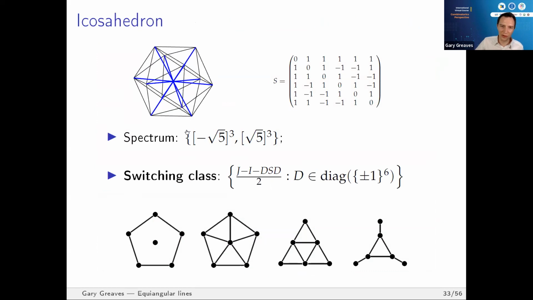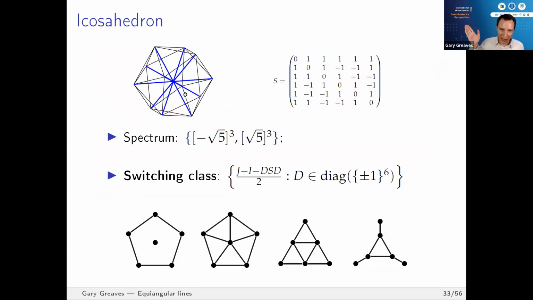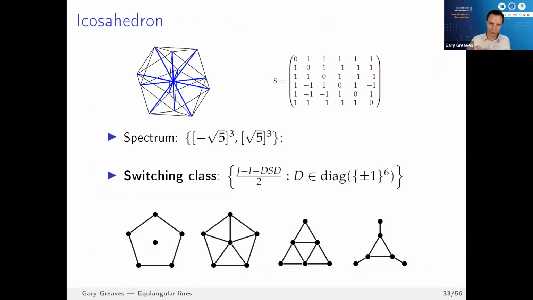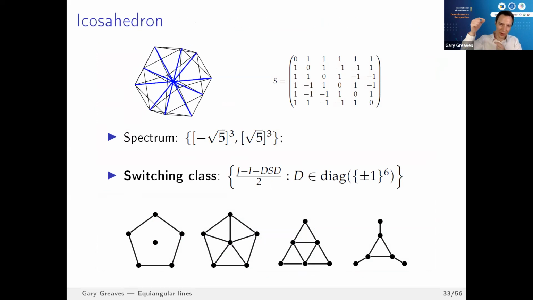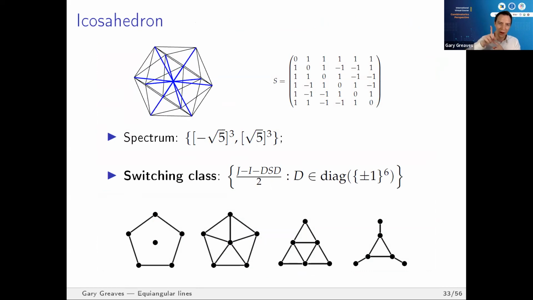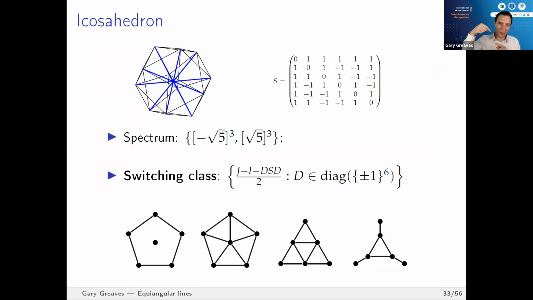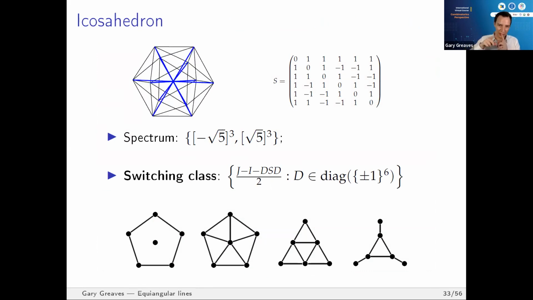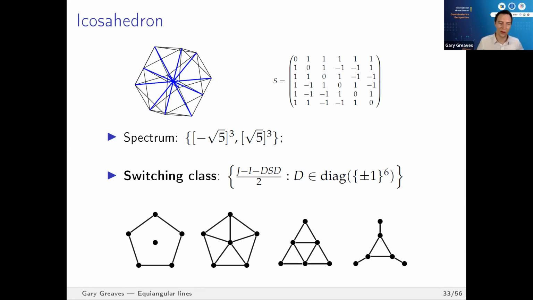But when it comes to Seidel matrices, they come from spanning vectors of lines. Now, when you have a line, you have 2 options for your spanning vector. You can either go one way in your line, or you can point the opposite way. There's 2 directions for every line in your system. And that corresponds to something called a switching of the Seidel matrix.